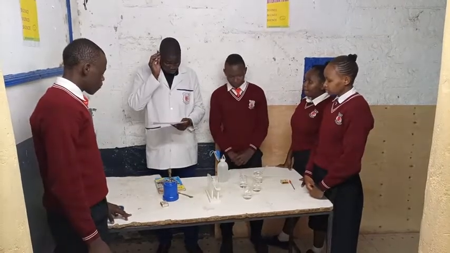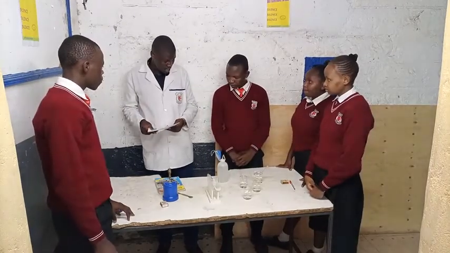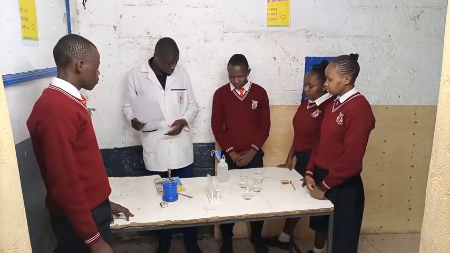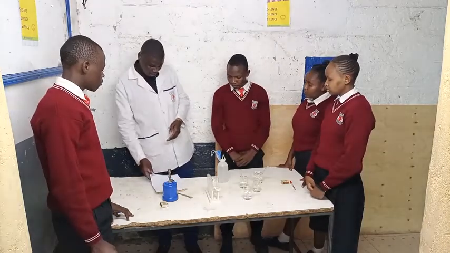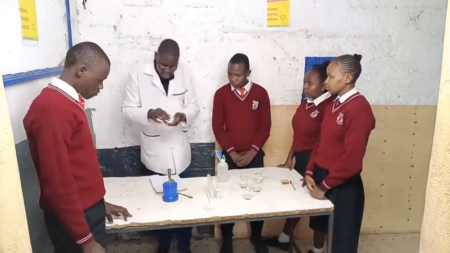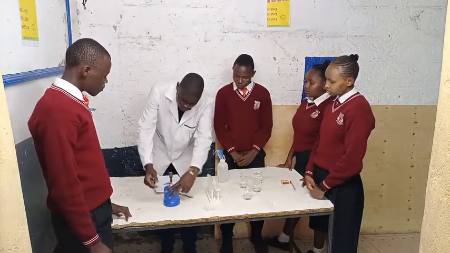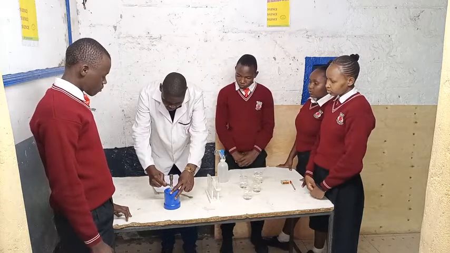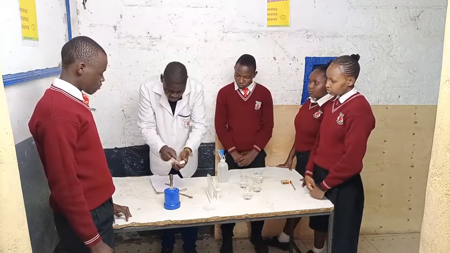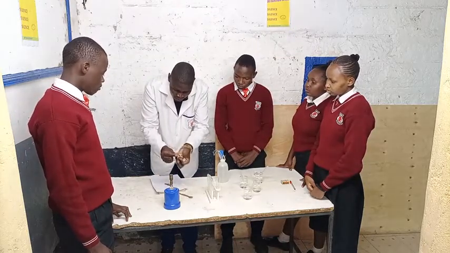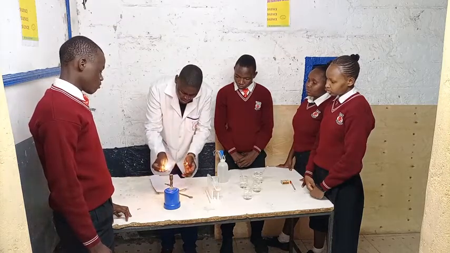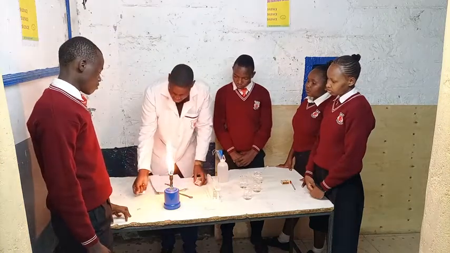Now you want to heat. We are told to take a portion of it and heat strongly. So students, I want us to begin with heating, so that you see the color and what is coming out. Just some small heating here.